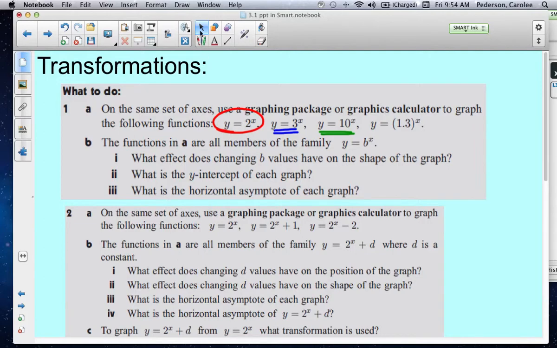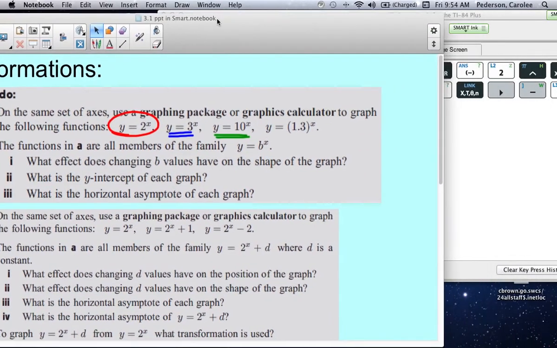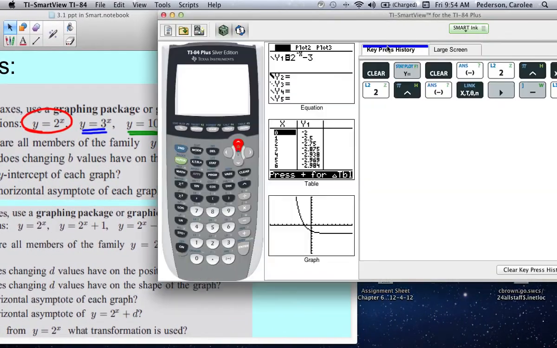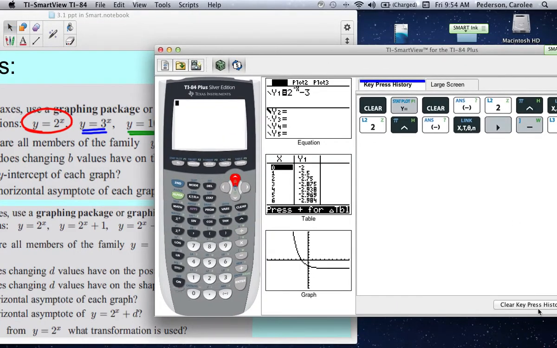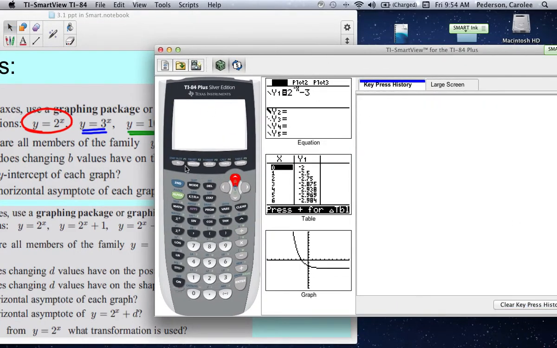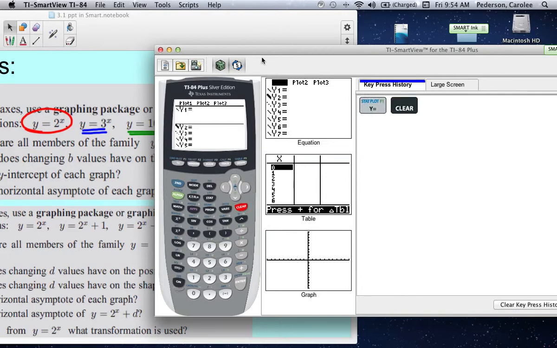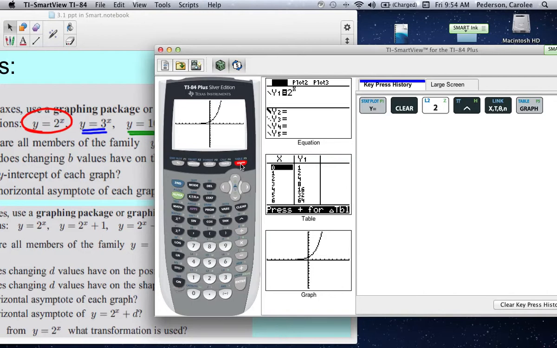You don't need to write these in your notes. Go to your y equals, put in 2 raised to the x power and then graph that, and you'll see that exponential function.